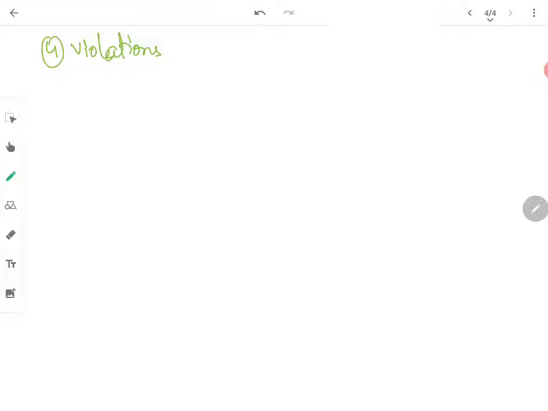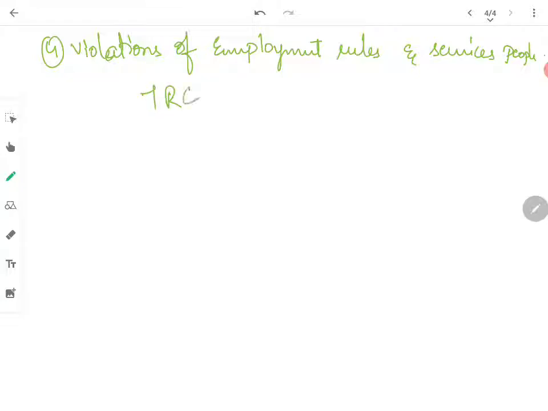So these are the three chapters, and the next chapter is the violation of employment rules and services by people of Andhra. There were many rules framed in the Gentleman's Agreement, and a Telangana Regional Committee was formed during the formation of Andhra Pradesh, which was given the authority to look after whether all the employment rules were being followed.